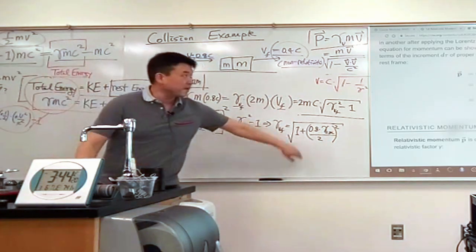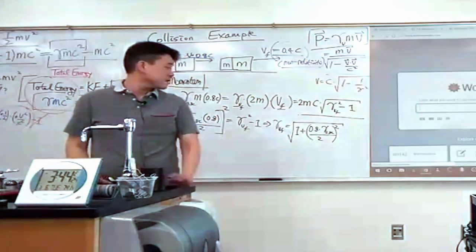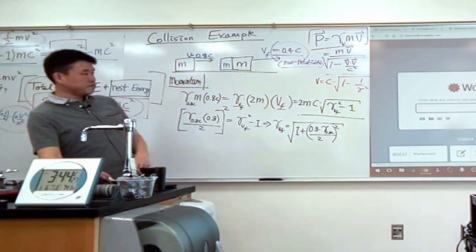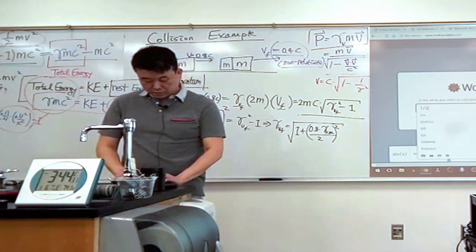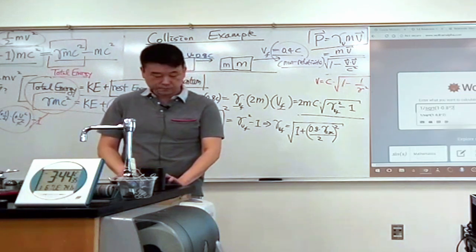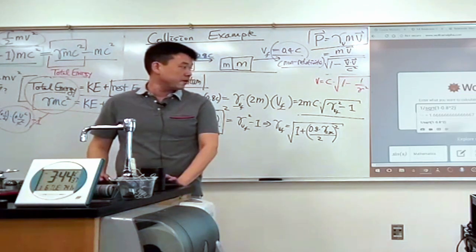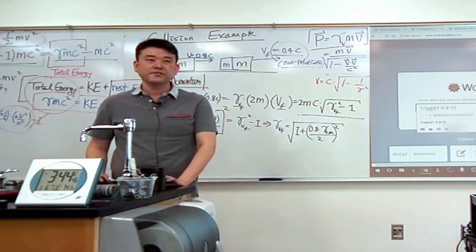So let me get a numerical value for this. Let me do it this way. So I need this numerical value first. So that's going to be 1 over square root of 1 minus 0.8 squared. So 1 point that. What is that? Is it 5/3? That's 5/3, right?